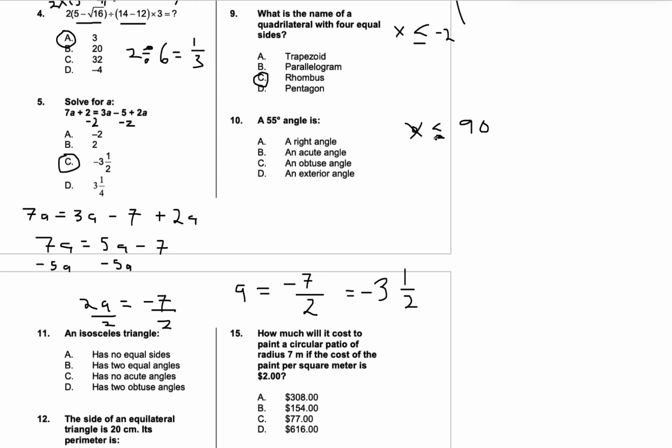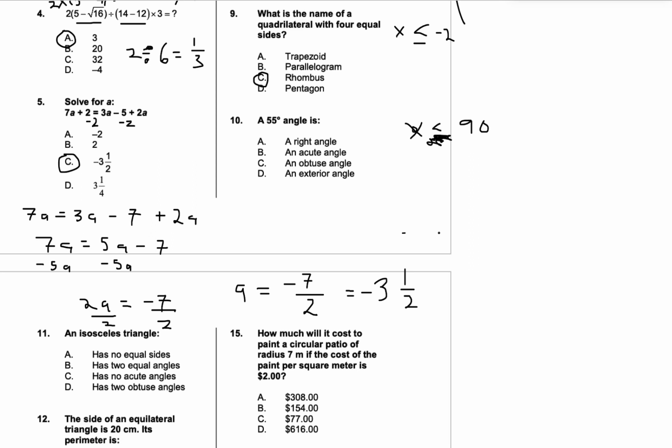So let's get rid of the equal to here. So an acute angle is strictly less than 90. An obtuse angle is greater than 90 but less than 180.